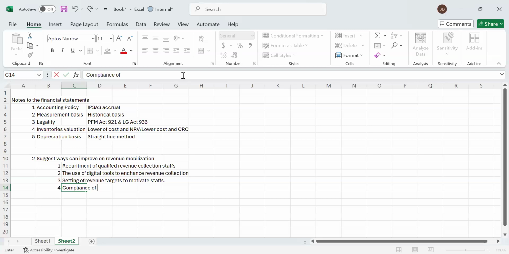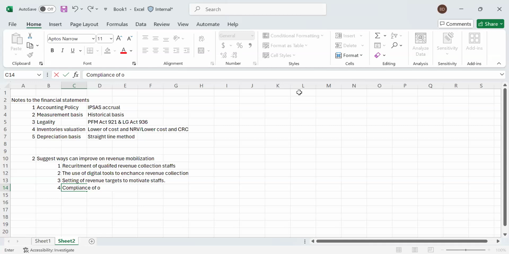Sensitization and compliance. Compliance. Oh, let's split it. Sometimes in an exam, it's better to do it as 1, 2. Compliance of what? The person says compliance. Compliance of what?